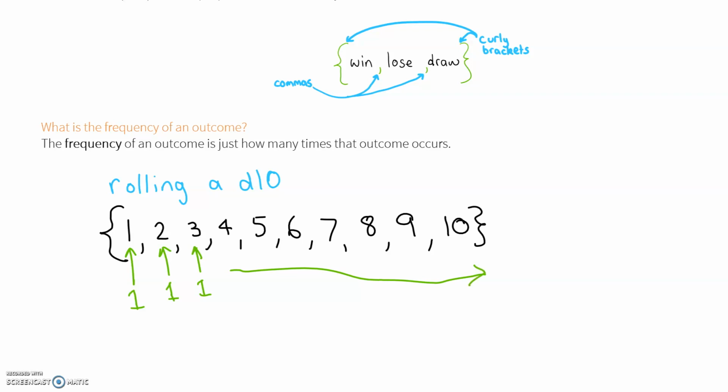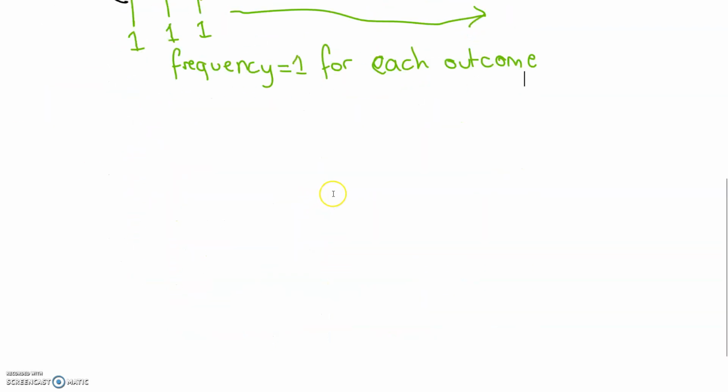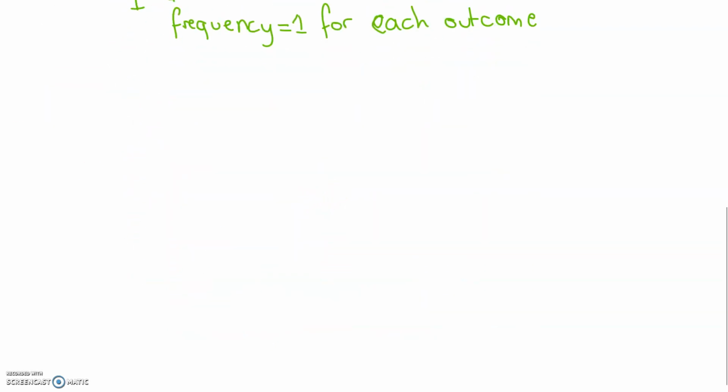Every single outcome has a frequency of 1 because there's only one of that number on the die, unless it was like a freaky cheat die or something. But of course, that's not always the case. Quite often, you're going to have different outcomes that come up different numbers of times. So let's look at an example where that happens.